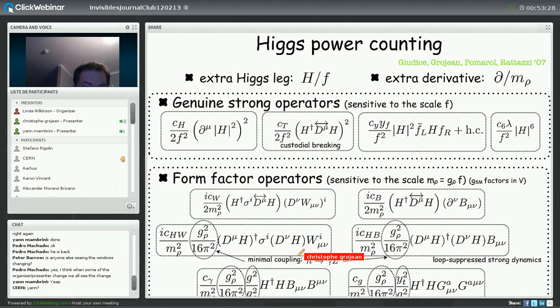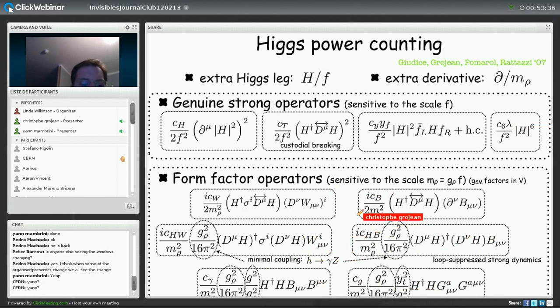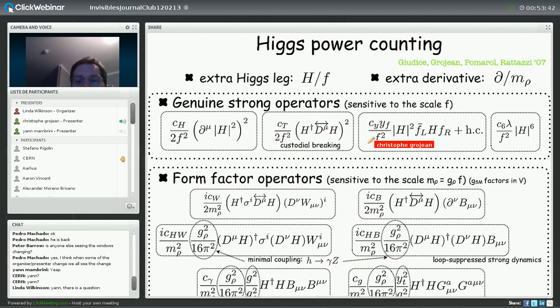And all the other ones will be further suppressed and basically don't play any role at the moment at the LHC. Maybe in the future we will have access to those ones, but at the moment, you are only sensitive to those strong operators that are suppressed by the scale f and not by the scale of new physics.